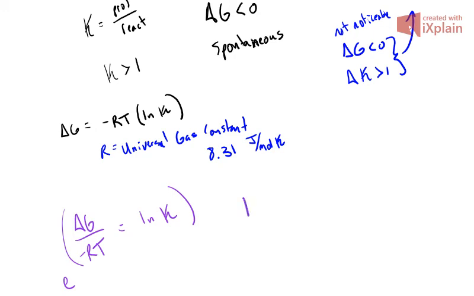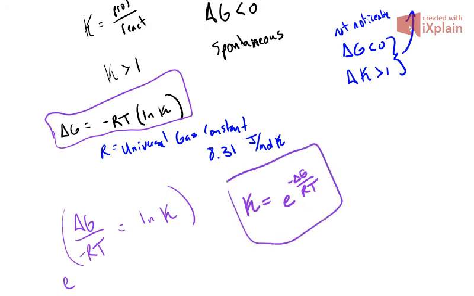And so K is equal to the exponent E of negative delta G over RT. Okay? So both of these equations can be used to find the delta G and the equilibrium constant in this situation. Okay?